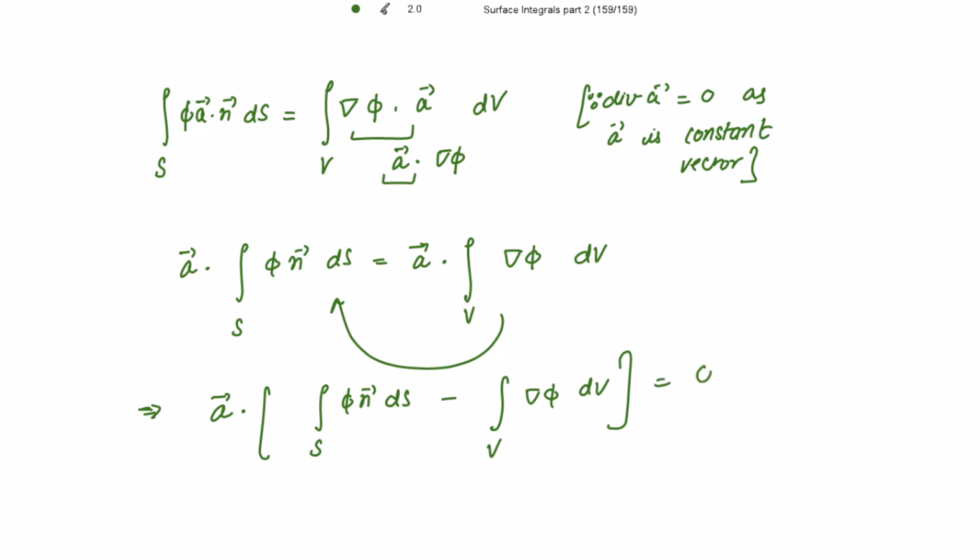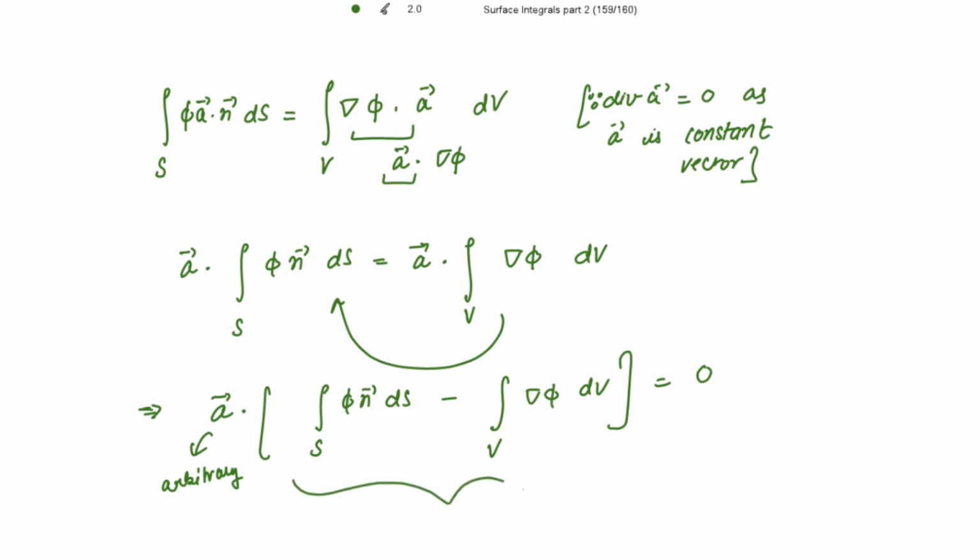is equal to 0. But a was arbitrary. Any constant vector we can take for this. So but a vector was arbitrary, and because it is having its dot product with this complete difference of the integrals, which is equal to 0, their dot product is 0.